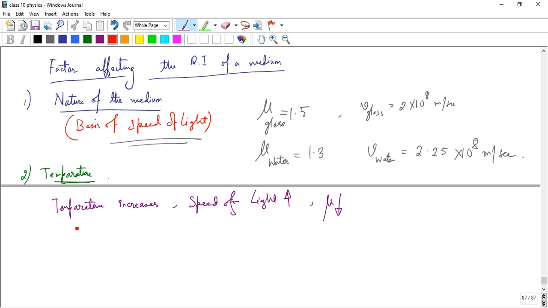Vice versa, if temperature decreases, speed of light decreases, so mu increases.